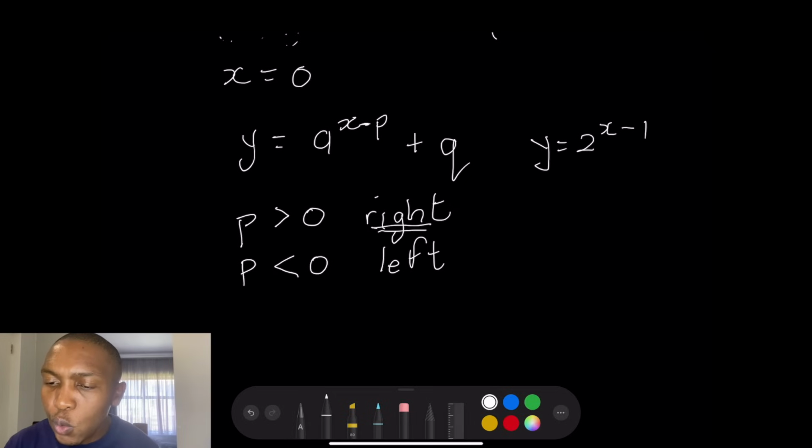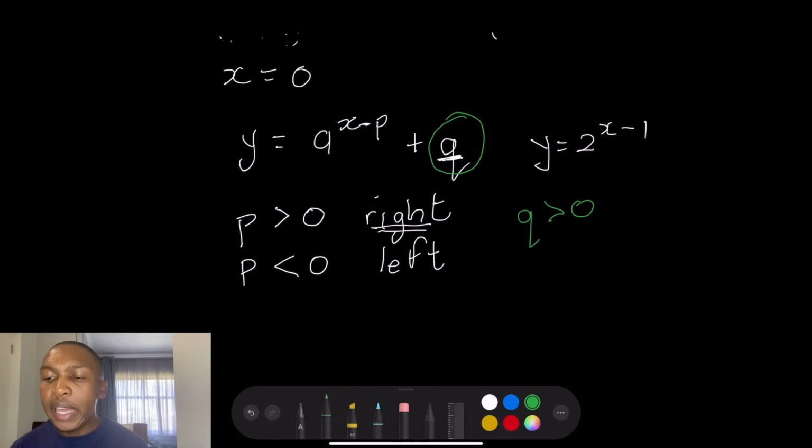Now, when q, this value over here, I'm just going to circle it with a green. When q is greater than 0, in this case, then what are we doing? We are taking the same graph and we are shifting upwards or downwards.